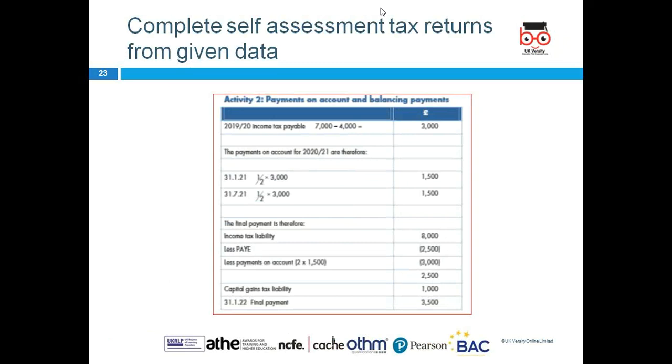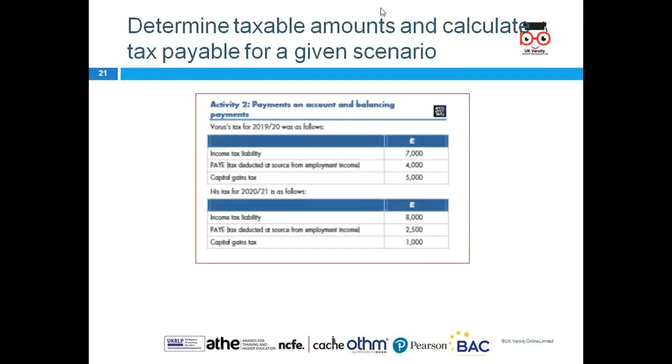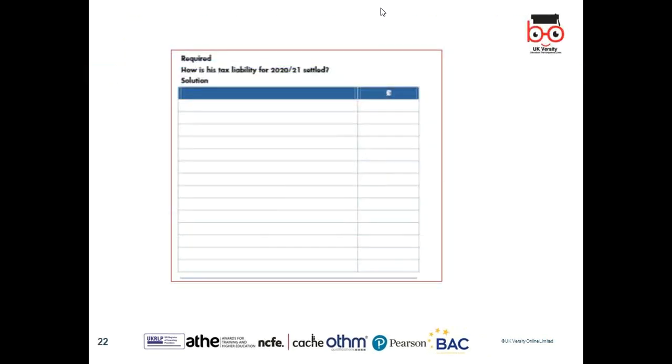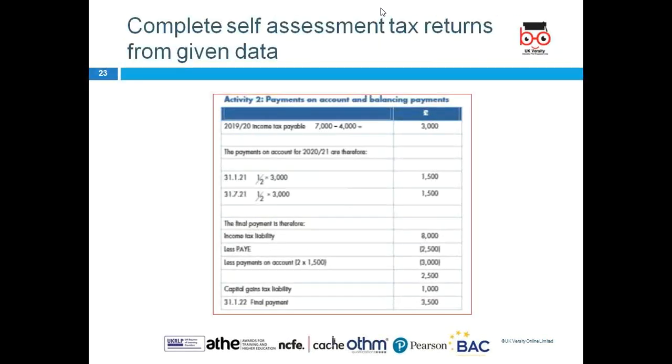Sir, can you go back to the last slide, please? Yes, sure. So here, the capital gains tax on the top is 5,000, and that is for 1920, and the below one is 2021, right? Yes, two different ones. All right. So now we are solving this here.